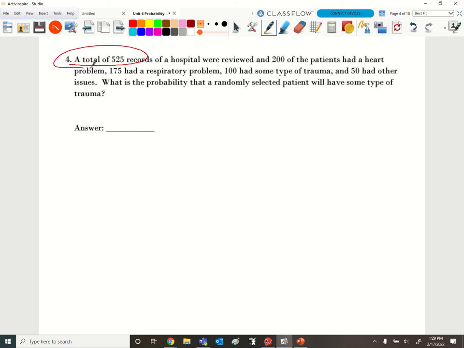Total 525. So on the bottom it's 525. Now, I want the group that has some type of trauma. How many are in the group of some type of trauma? 100, right? So I'm going to put 100, which is going to give me 0.19. Yep.